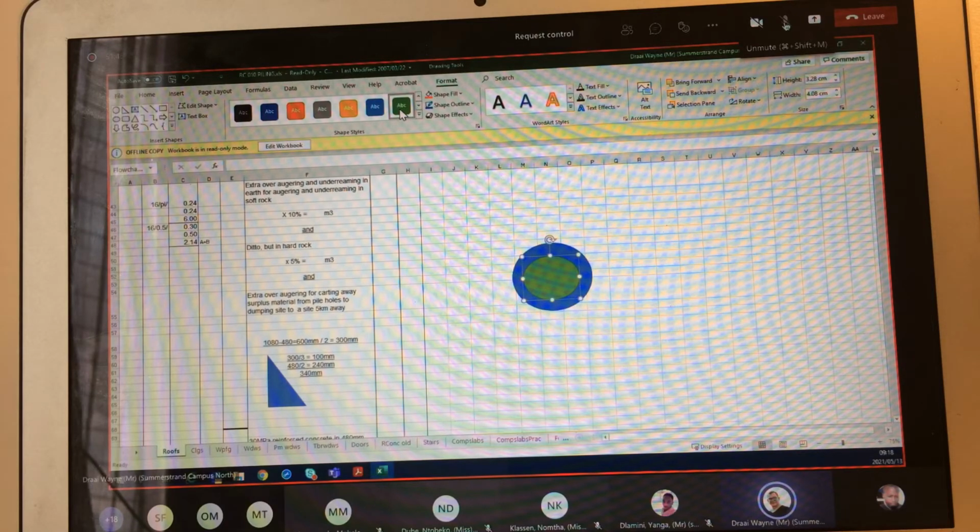I have the smaller one in the center, which is my pile, and this would be the circumference that I would have to now work with.